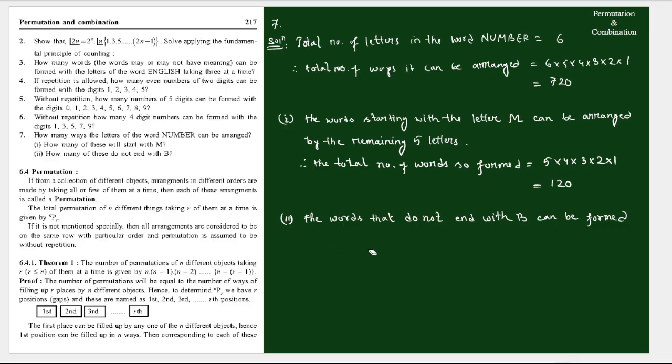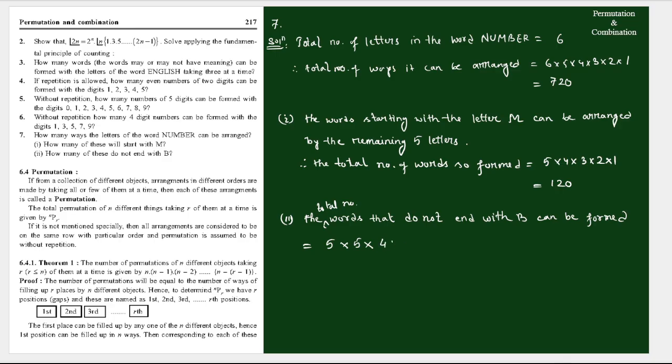So write this too: the total number of words that do not end with B can be formed equal to, first 5, second also 5 ways, right?